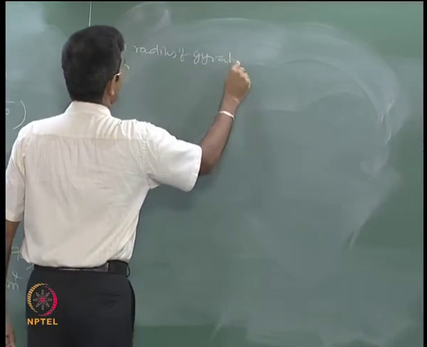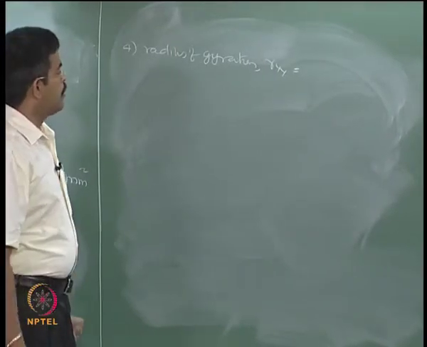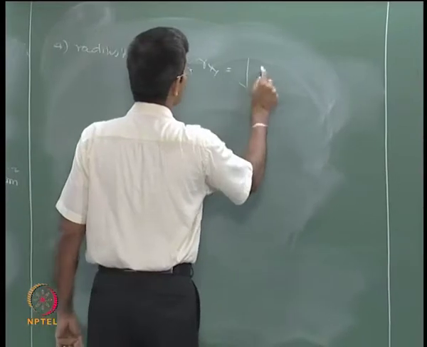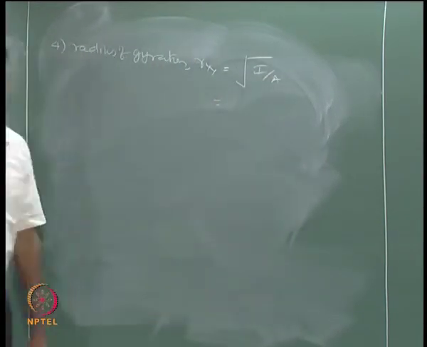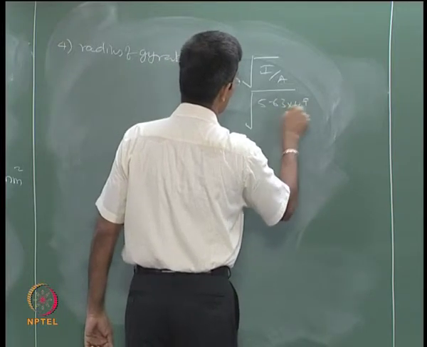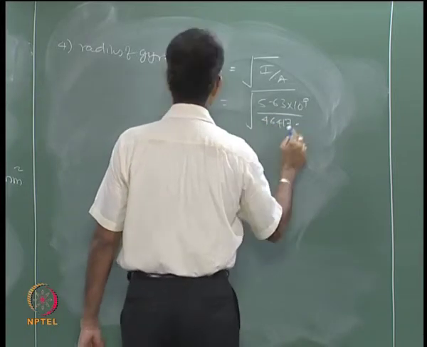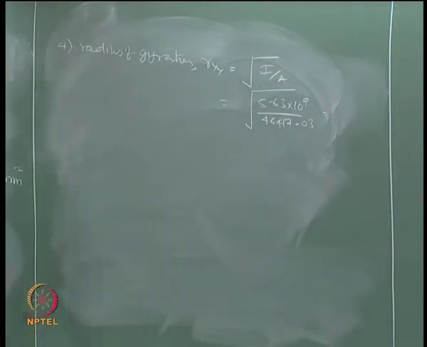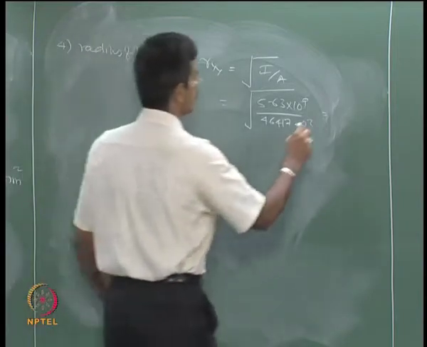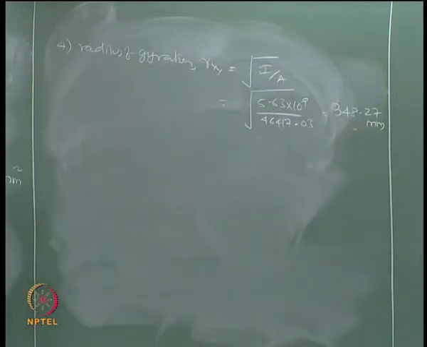Let us work out the radius of gyration. Now I want about the minimum axis, but being a circular member, about x and y will be same, which is nothing but root of I by A. Which works out to be 348.27 millimeters.